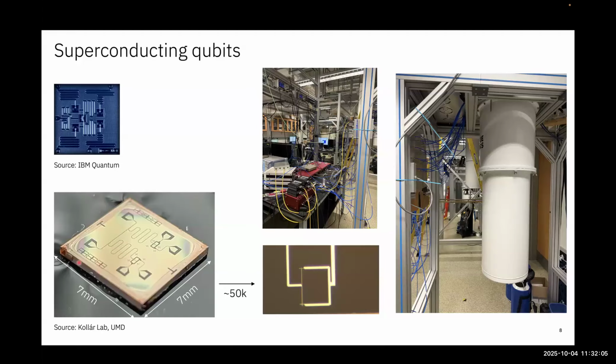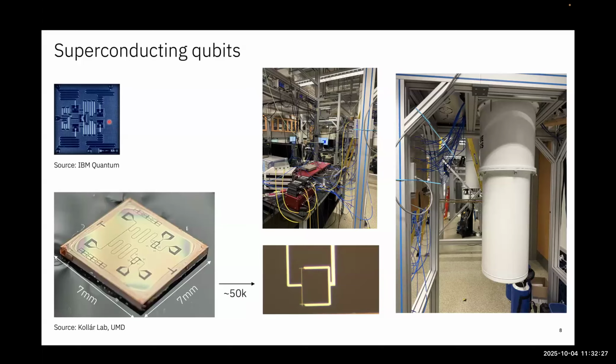I mean 7 millimeter by 7 millimeter, which is less than 1 centimeter. So these are really tiny. Even though this is tiny, you still can't see the qubit, because the qubit is somewhere around here. You have to magnify to the nanometer level before you can see the qubit.